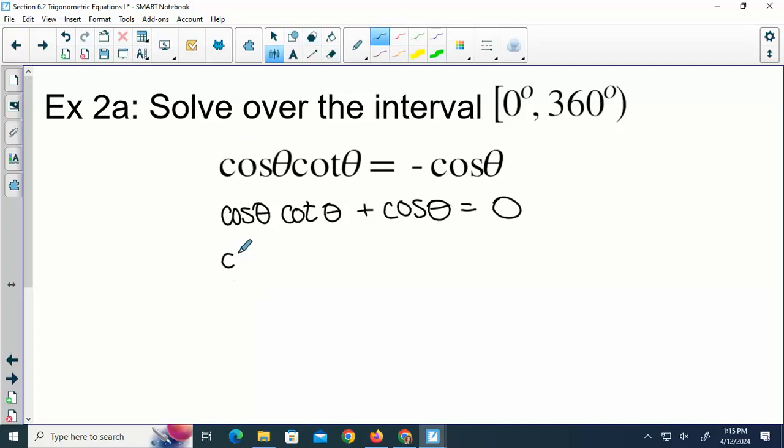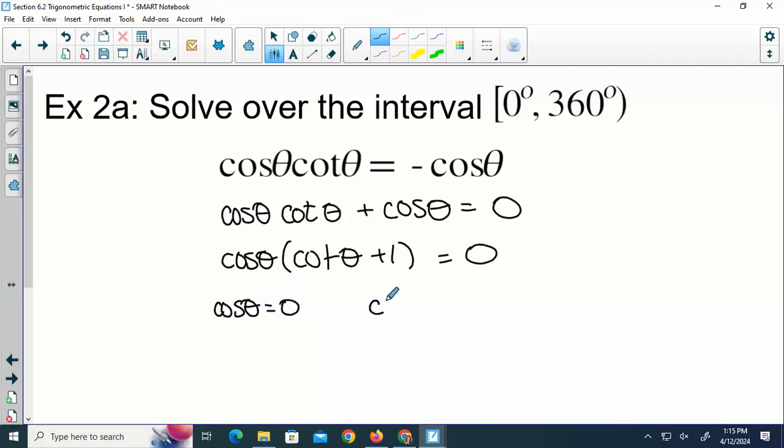Cosine theta. Cotangent theta plus 1. And then if you have two things multiplied that equal 0, that means set each one equal to 0. So cosine theta could equal 0, or cotangent theta plus 1 could equal 0.